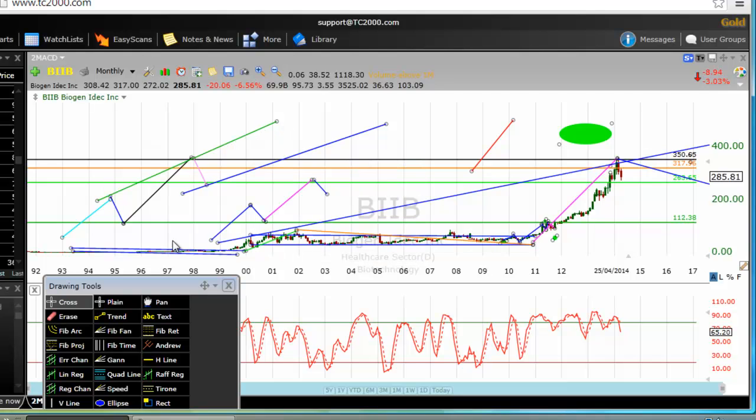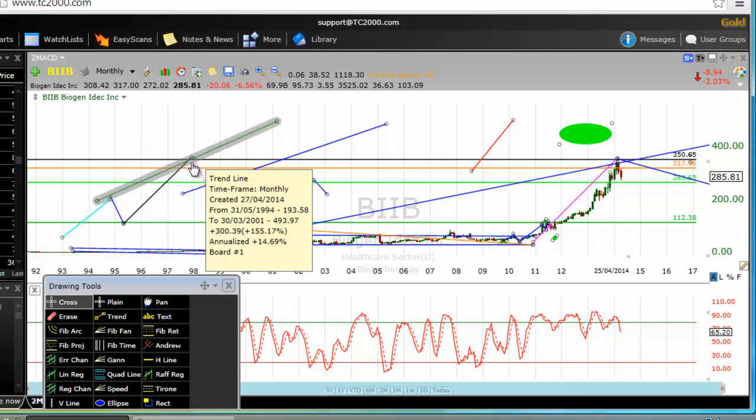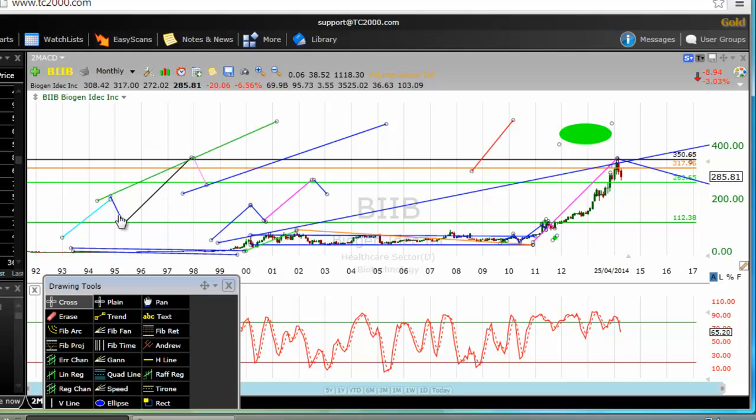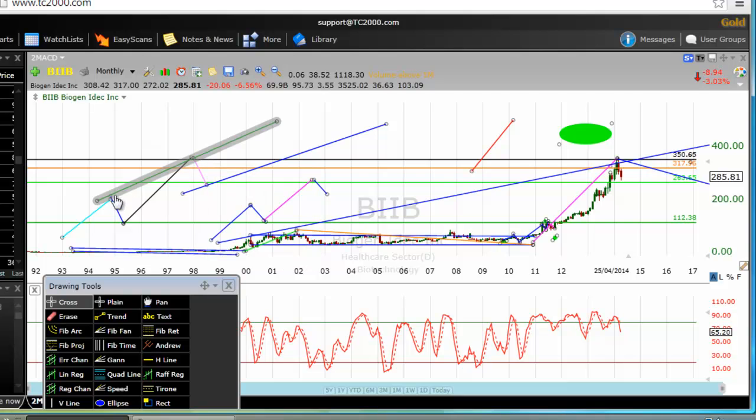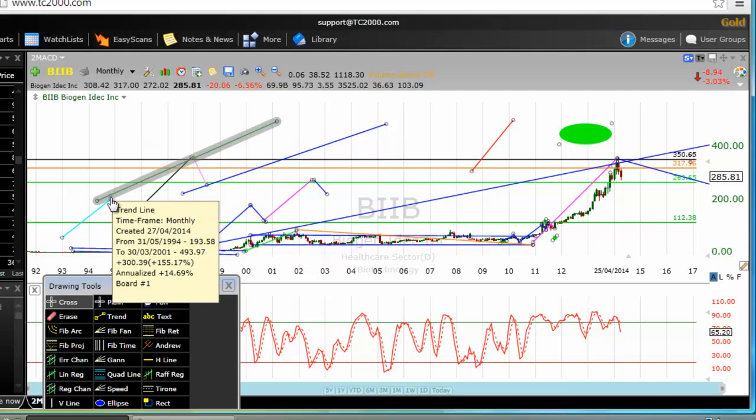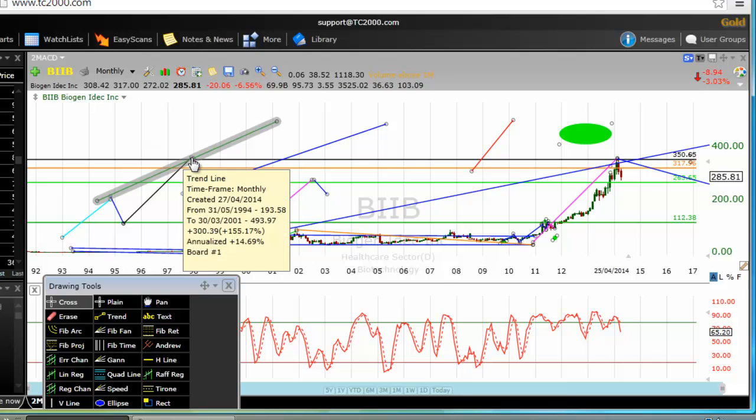Once we count the first wave, the second wave, the third wave, and the fourth wave, we want to forecast the end of the fifth wave. Because the third wave has been extended, we'll join the high of the first wave and the high of the third wave.